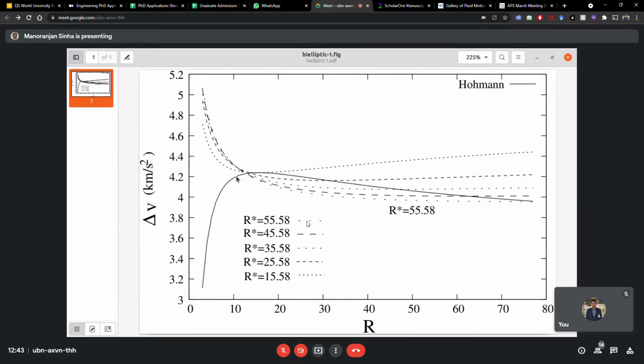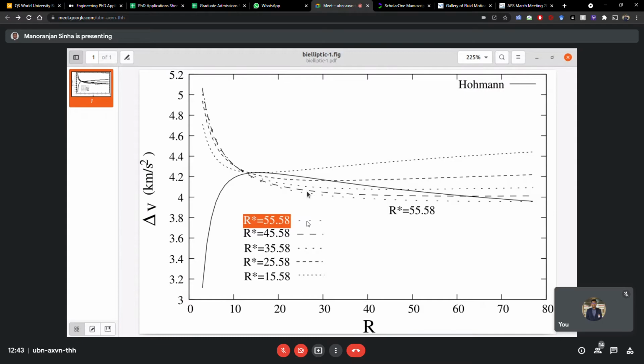Between the limiting bielliptic transfer curve and some other range, which I will state later, it is not clear which one is better. But generally, the Hohmann transfer is better below 11 point something, and after 11 point something it needs to be tested. Beyond that, some 15 point or something, the bielliptic may be better.